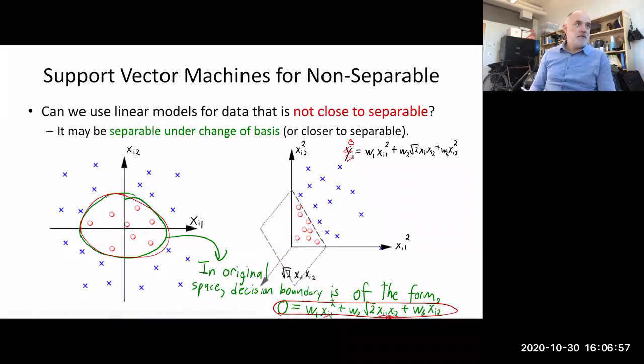So the point is, when you expand your features, what's the point? We have some data. We don't know what its decision surfaces look like because it's in some high dimensional space. This is just a two-dimensional example, but we get some data and we don't know how to separate it. We have the intuition that if we project it into some higher dimensional feature space, we might be able to linearly separate it.